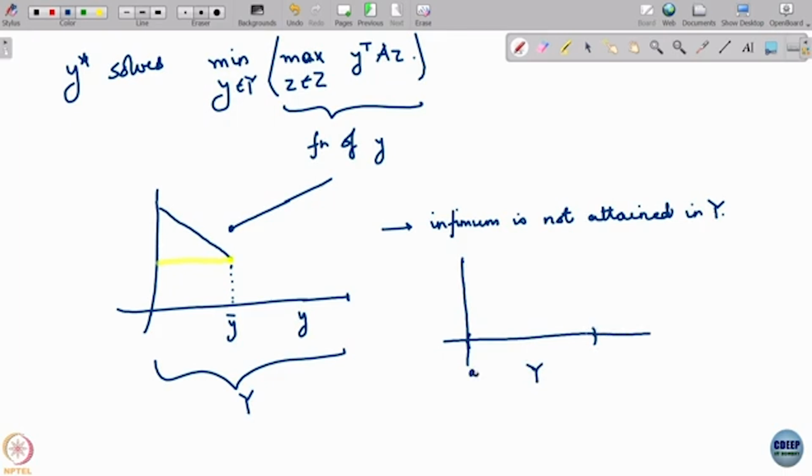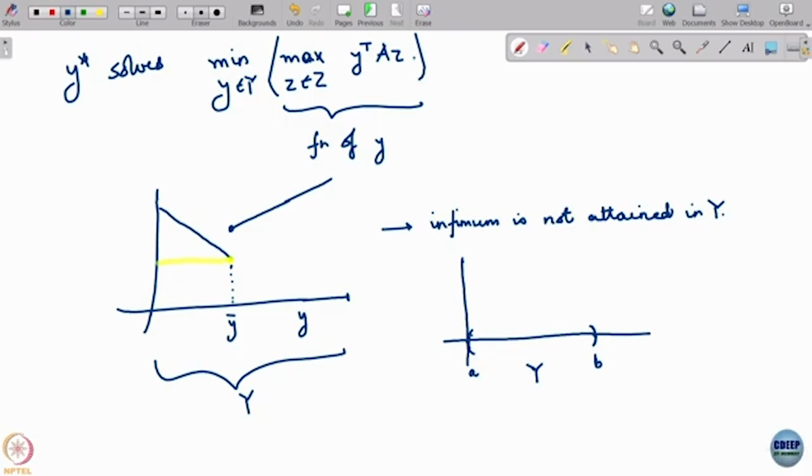Let's suppose this is small a and this is small b. So, suppose Y is an open set, an interval from small a to small b. Being open means that small a and small b are not included.